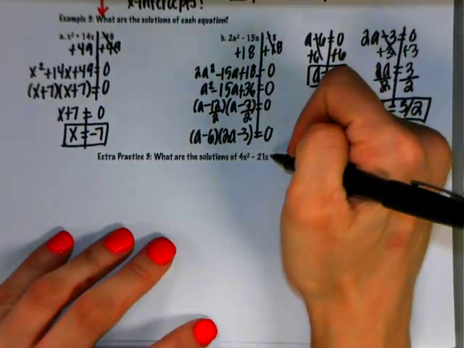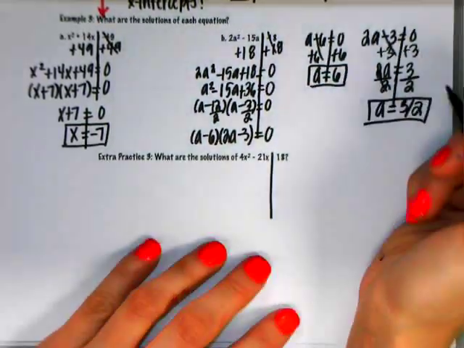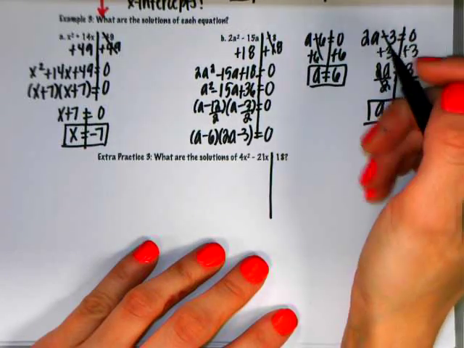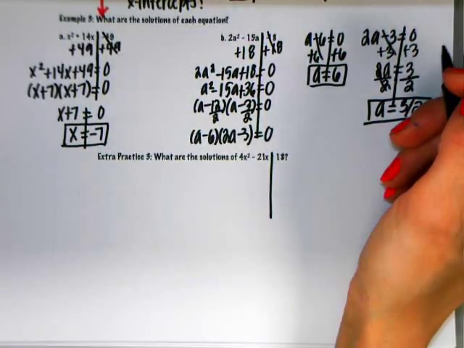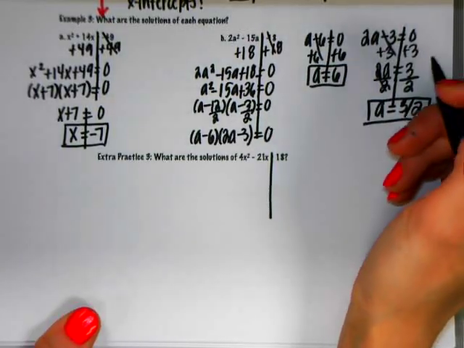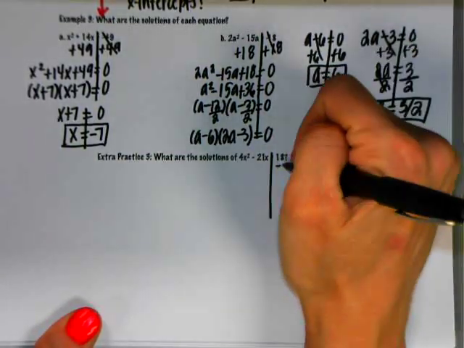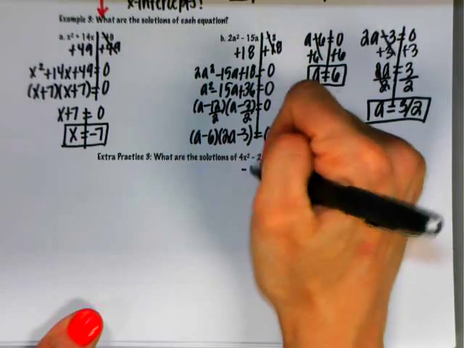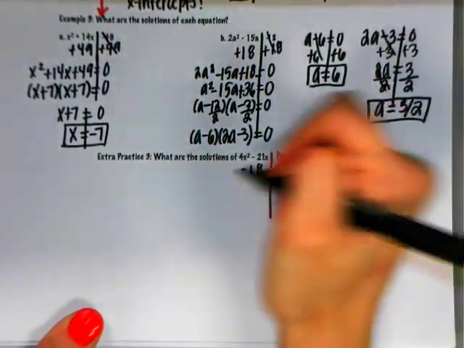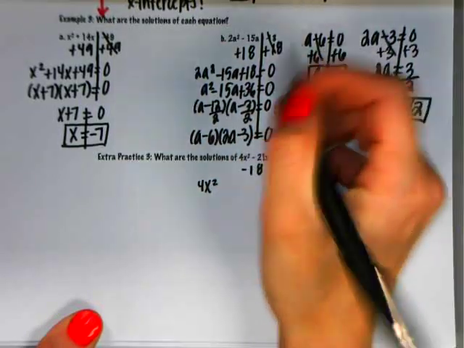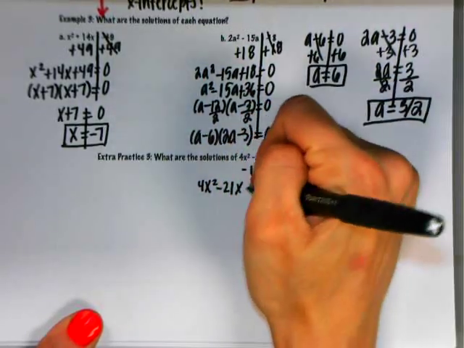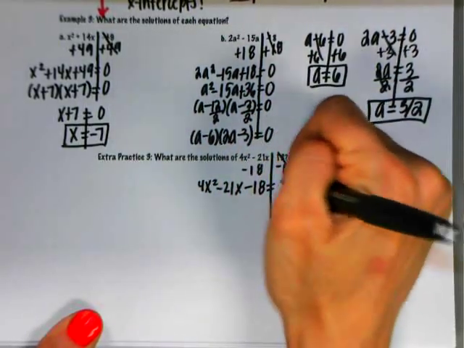All right, what do you guys do first on this one? Minus 18 to make it equal 0. So 4x squared minus 21x minus 18 equals 0.